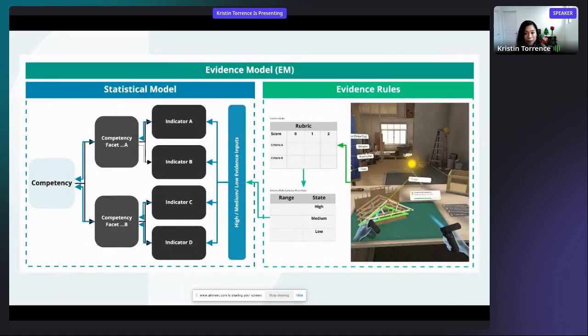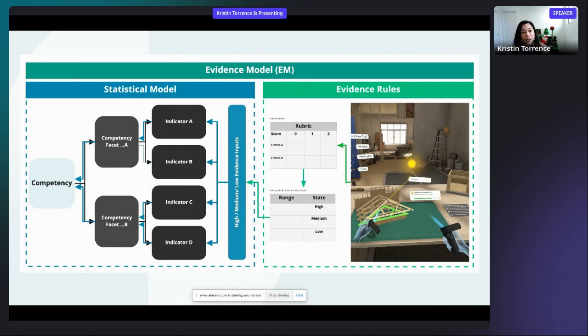And the evidence model, so this specifies what observations would provide the best evidence of the competencies in our competency model. And this includes two submodels, which we call the evidence rules, which is really the assignment of scores to observable behaviors, observable indicators in the game space, and rating them on different rubrics, and then assessing what that level of competency is at that level.